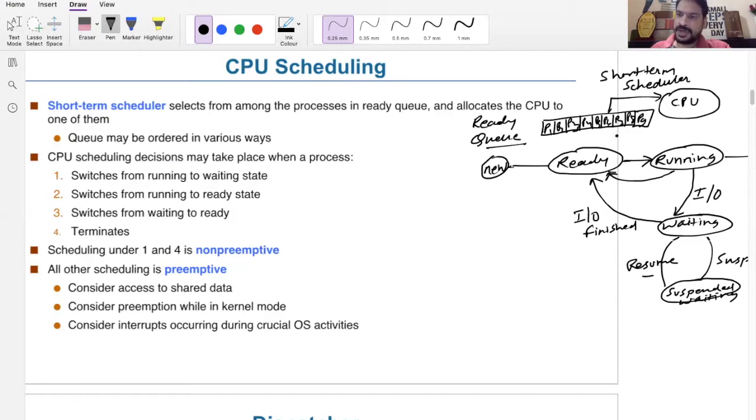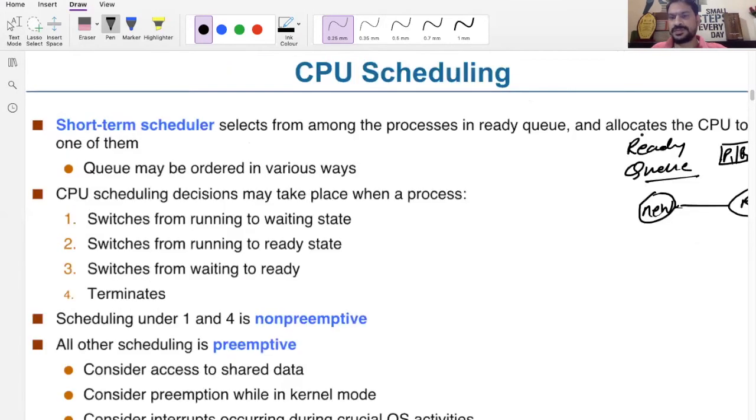Either the actual priority will be given, or there are some more parameters that will be used as a priority. But basically, in the ready state, we have a data structure called a queue, and that queue is called the ready queue, because we have the processes here which are ready to run. That's why it is called the ready queue.